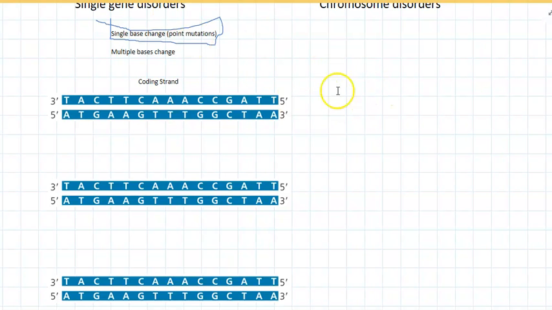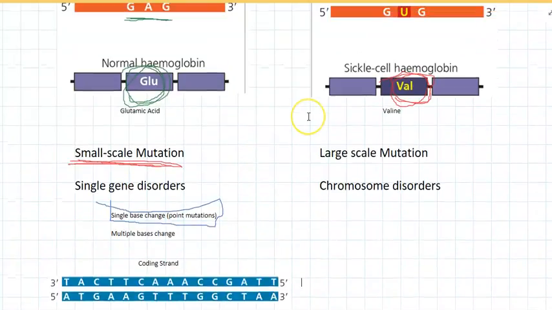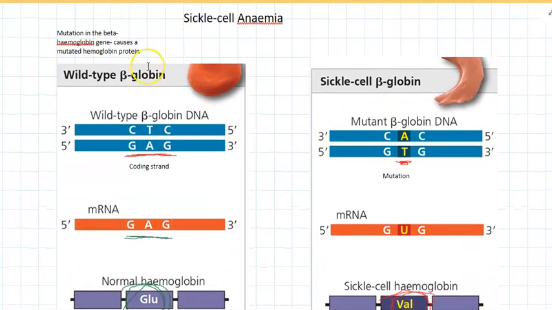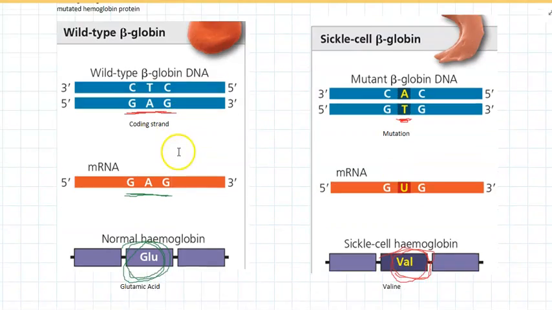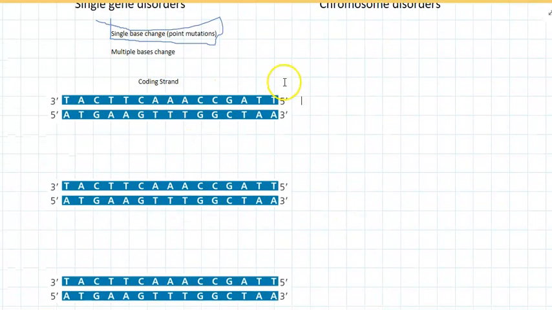Well, the first mutation that can happen is just if one letter gets substituted for another, just like in our sickle cell anemia example. So this type of mutation is called a substitution, where one base in the code is substituted for another.